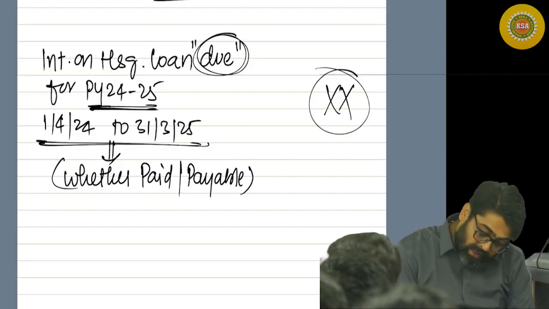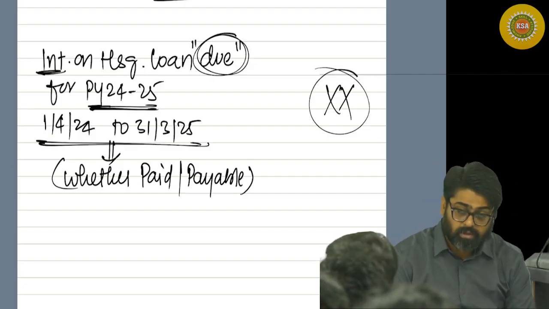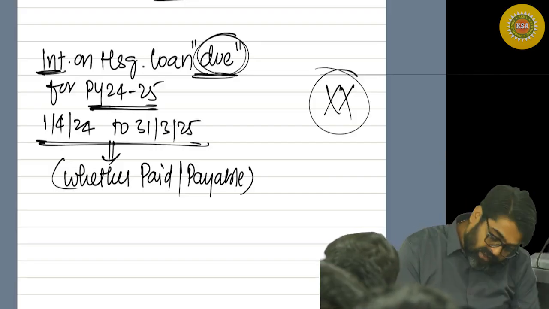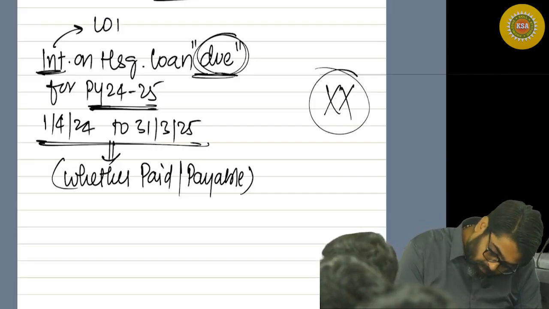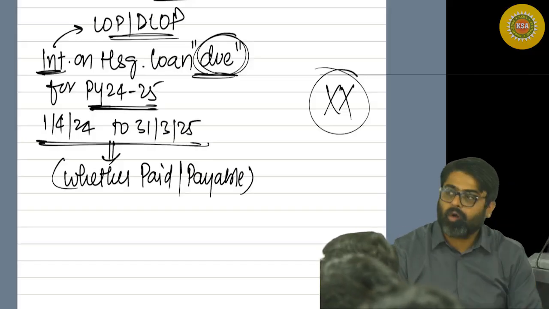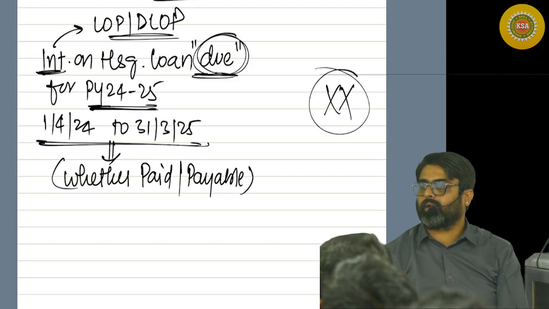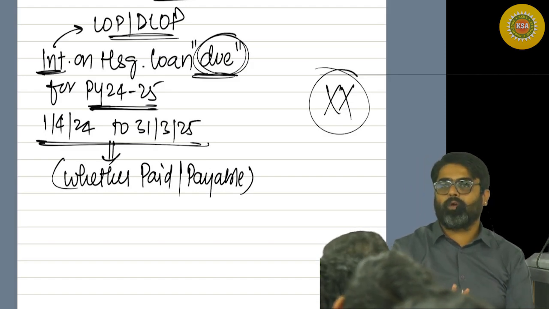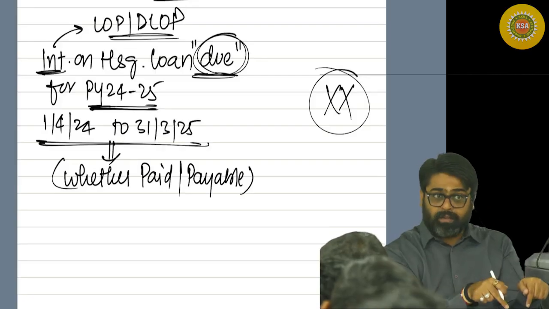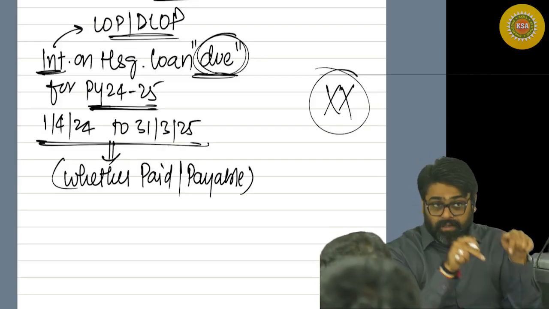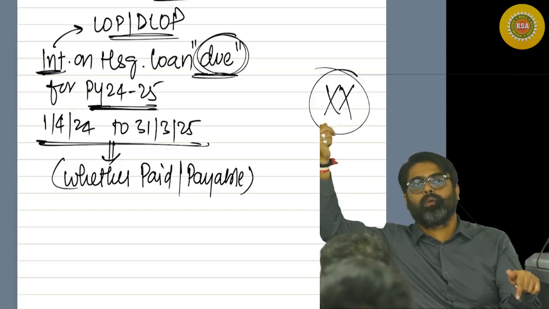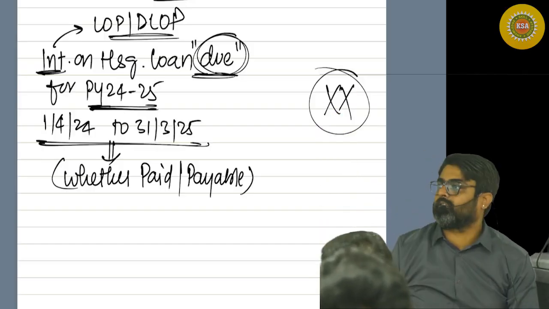But see, if this interest which becomes due in this previous year is for LOP or DLOP, what was the status of your property in this year? LOP, DLOP. So the property which is LOP in this year, the property which is DLOP in this year, for this property you might have taken some loan, and on that loan this interest is calculated.